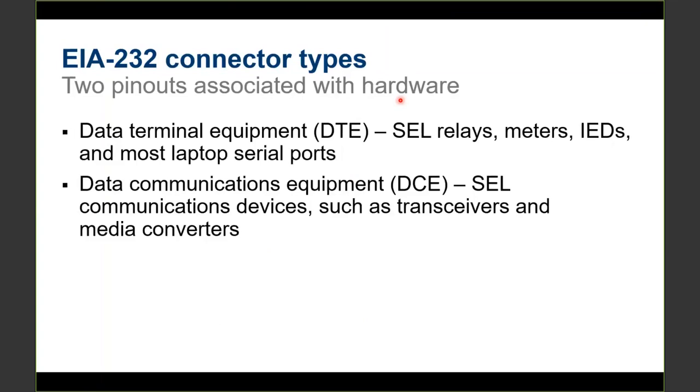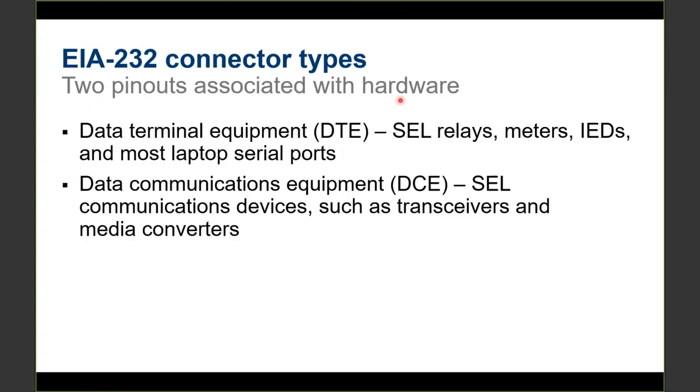Most of the time we have USB ports now, then we use USB to serial converters, but there's still some laptops out there you can get with a DB9 serial port. And then our SEL relays and meters and other IEDs are going to have DTE ports, and their wiring on those DB9 ports follows the DTE standards.